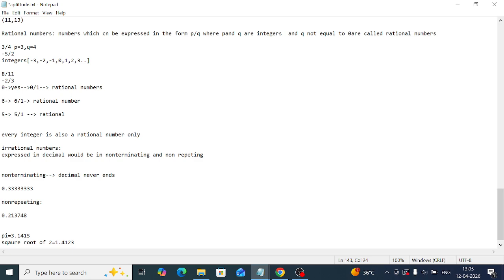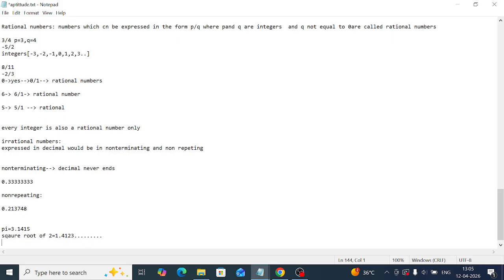This is called an irrational number. Square root of 3, square root of 5, square root of 7 are all irrational numbers. Never ending, never repeating. Rational numbers repeat and terminate.